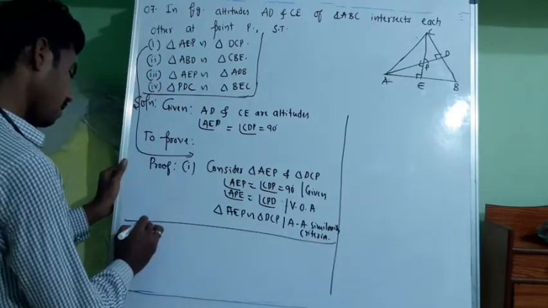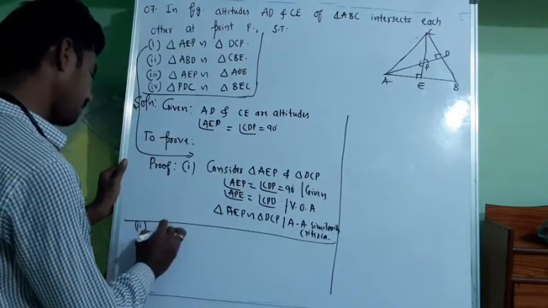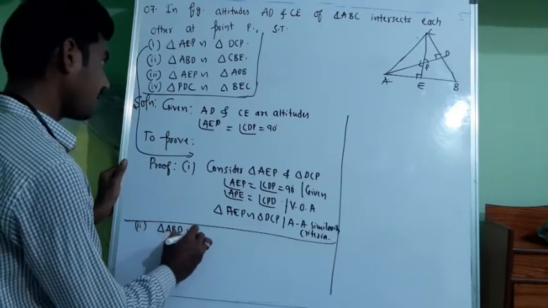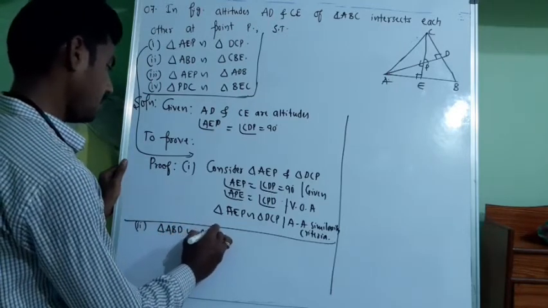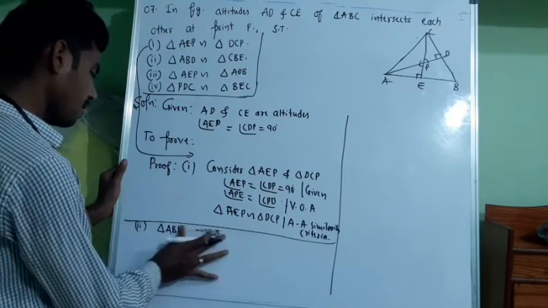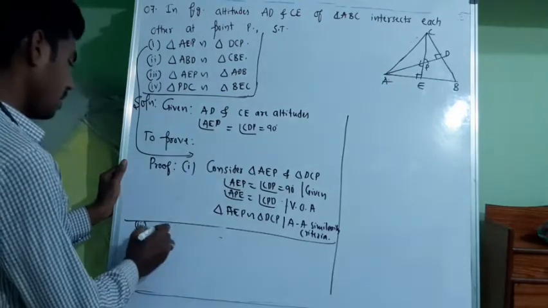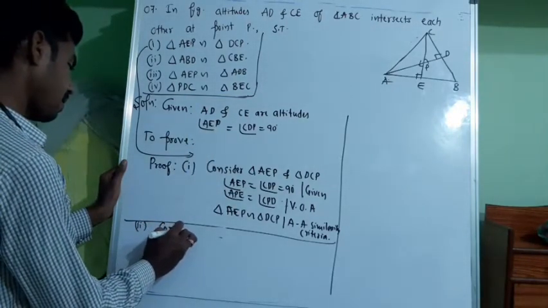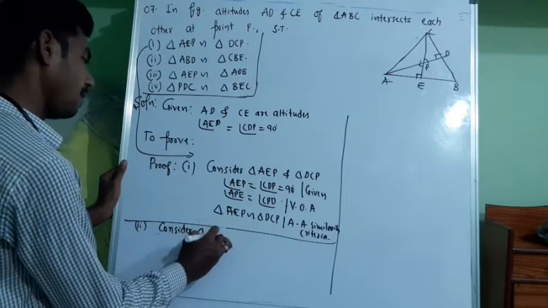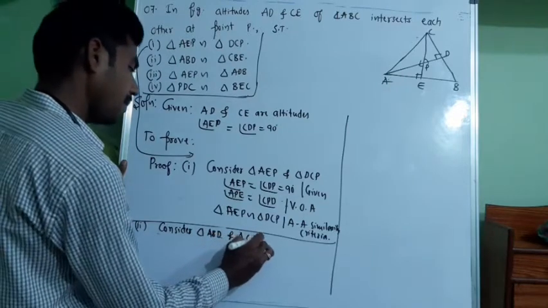Next, the second part: we need to prove triangle ABD is similar to triangle CBE. For that, I will consider both the triangles, triangle ABD and triangle CBE.